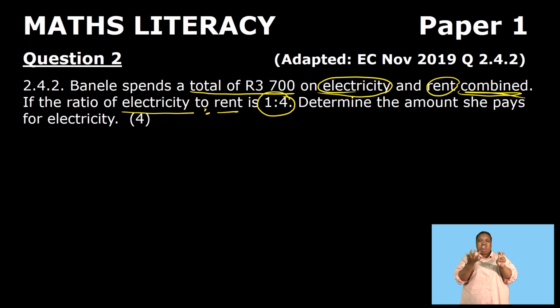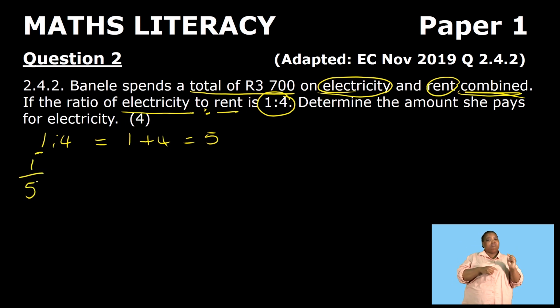Now, when you work with ratio, firstly, you write your ratios down. So this would be for you to say 1 plus 4, it gives us 5. Then from there, we are going to take the first ratio, which is 1. So you're going to have 1 over the total when the ratios have been added together. So you're going to have 1 over 5 multiplied by the amount, which is the total amount combined together for both electricity and rent.